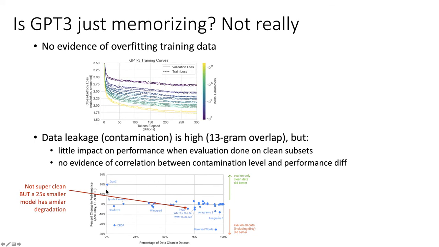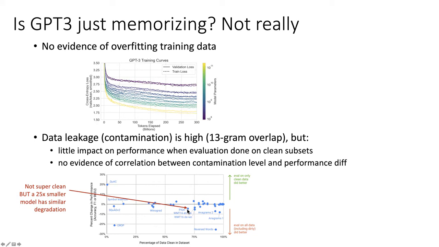On the y-axis, they plotted the difference in performance on those tasks when they clean up the data set, so when they get rid of any 13-gram overlap in the test data. What they find is that basically the performance doesn't change that much when you clean up the data. So to them that means there's little evidence of memorization.